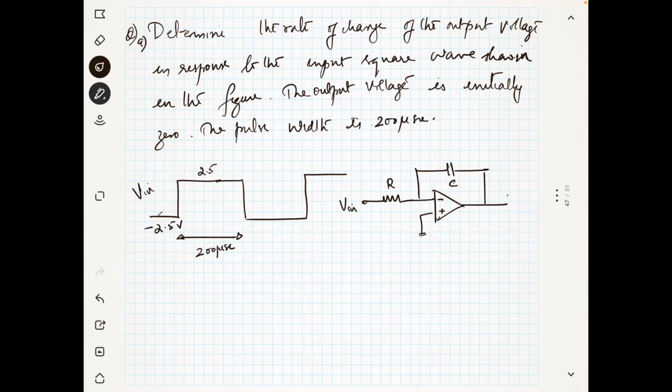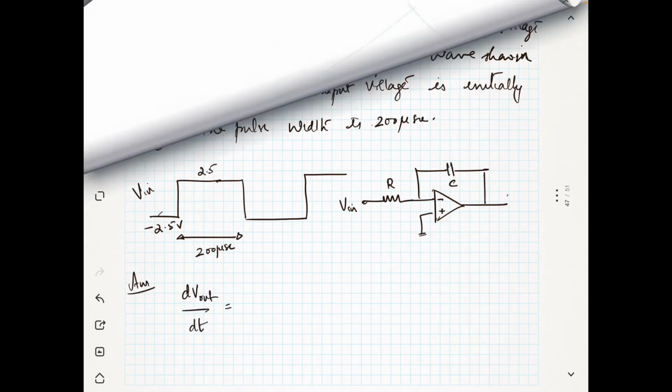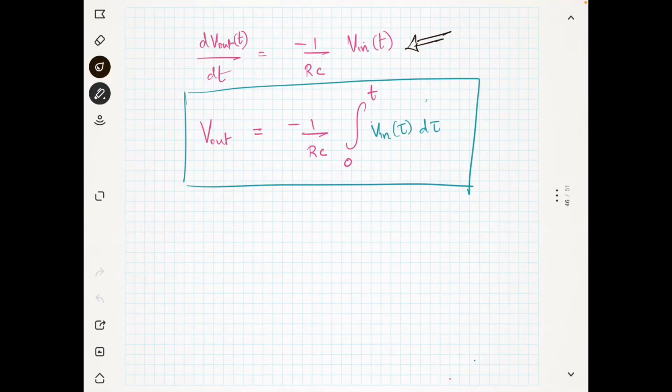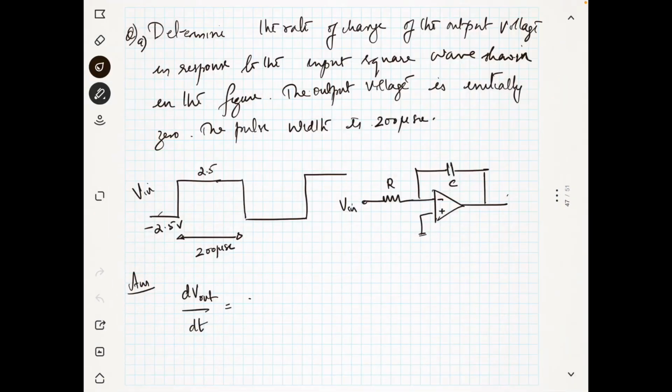Now you have to find what is the rate of change of output. You know that the rate of change of output is nothing but, I am going to write the answer, dV out by dt, because from the previous formula it is minus 1 by RC into V in of t.